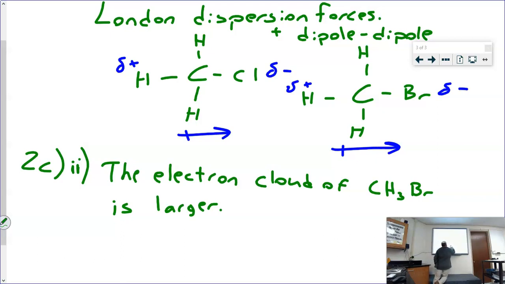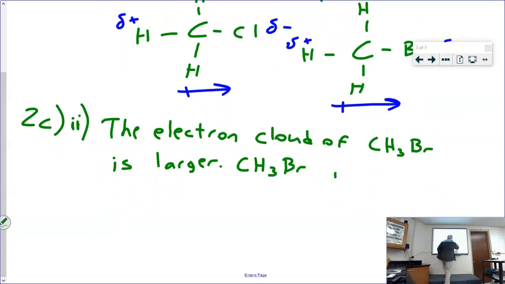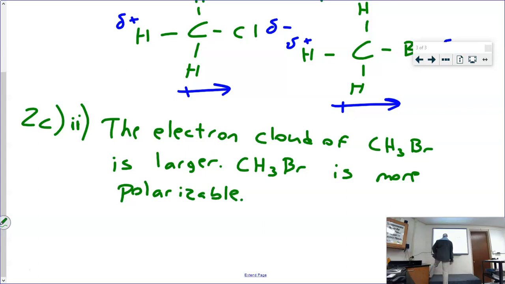Okay, and as a result, CH3Br is more polarizable. Okay? That term polarizability, what that's trying to say is that the electrons in that molecule are able to be manipulated or shifted or pushed to a greater extent. And as a result, you get bigger partial charges, right?